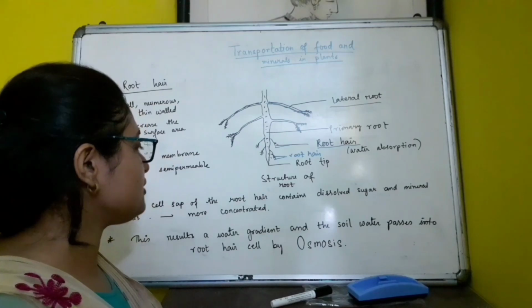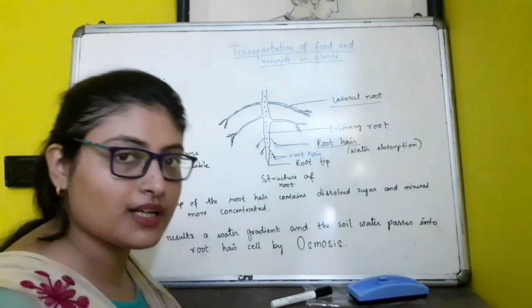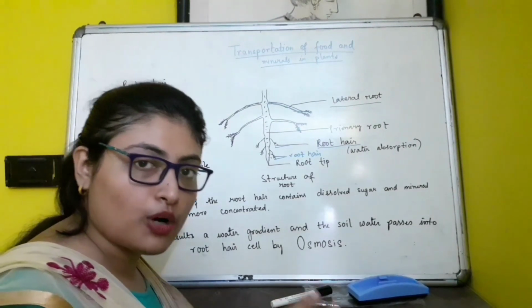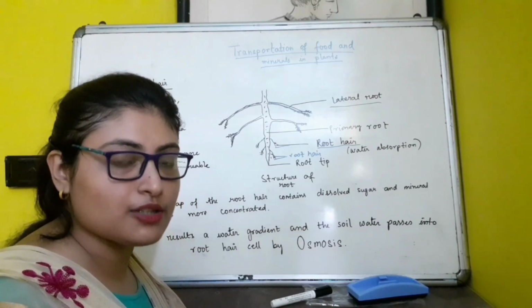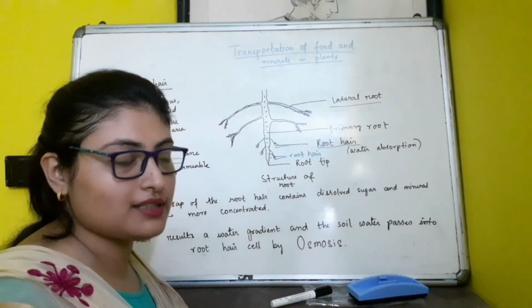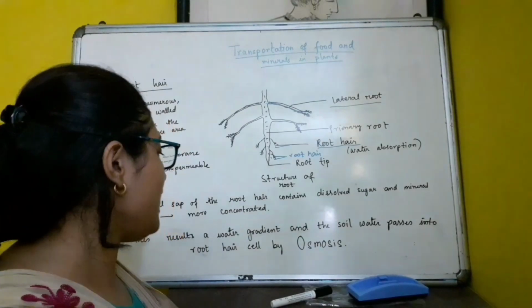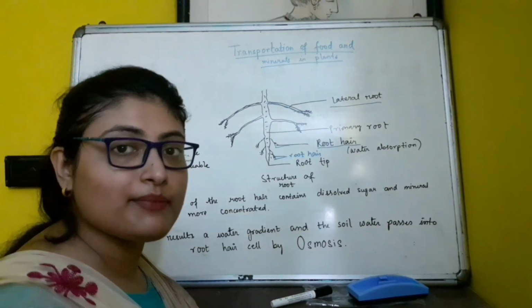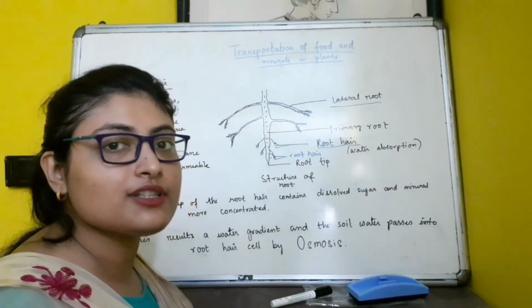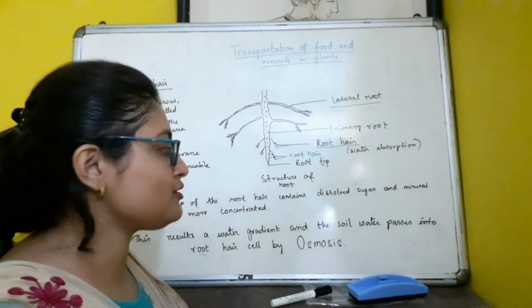Okay, now as of now you know that the cell sap is more concentrated and the water present outside, meaning in the soil, is less concentrated. This results in a water gradient, meaning somewhere it is high concentration, somewhere it is low concentration. So what will happen?